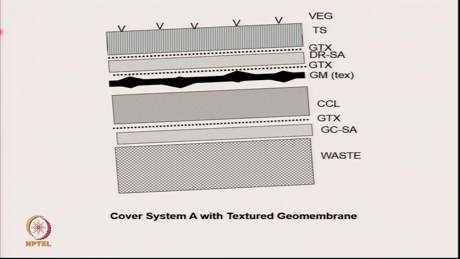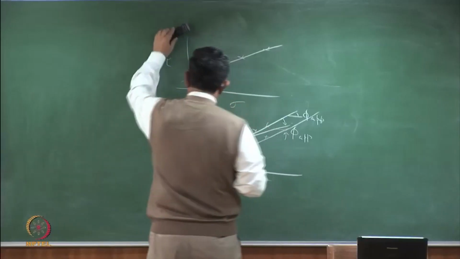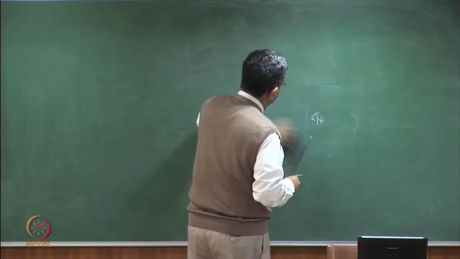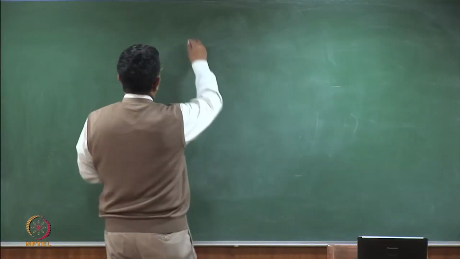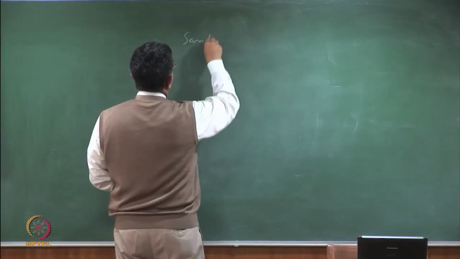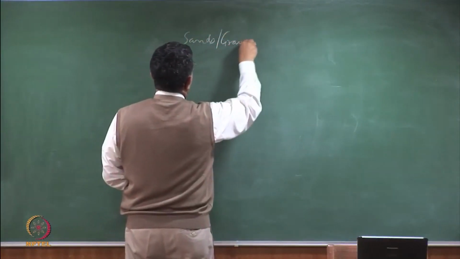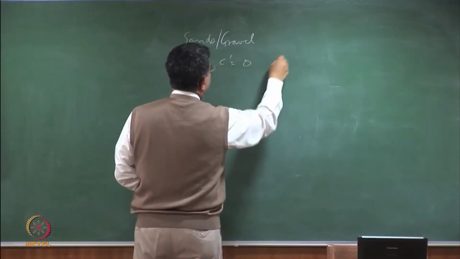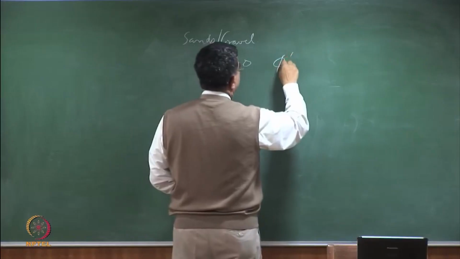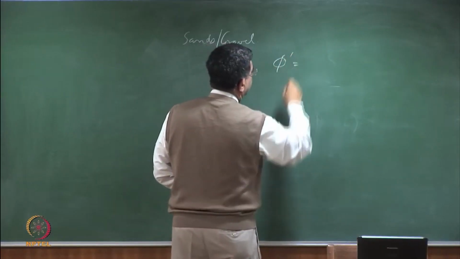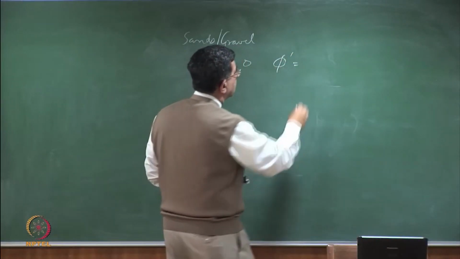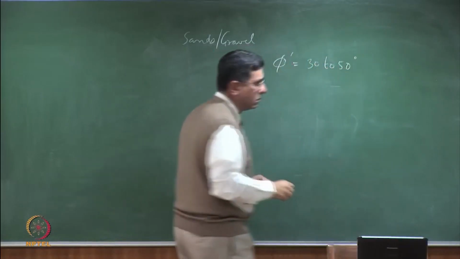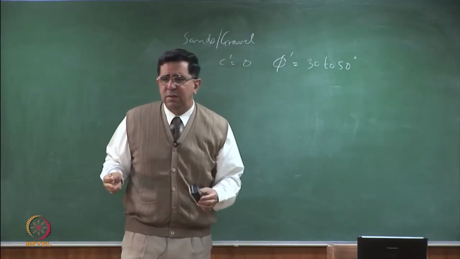Just for our understanding, when we have been dealing with effective stress parameters, typically for sands and gravels, we are talking of c dash equal to 0 and phi dash from, what would be the range? 30 to 50 degrees? Is this a broad idea of what we've been dealing with?